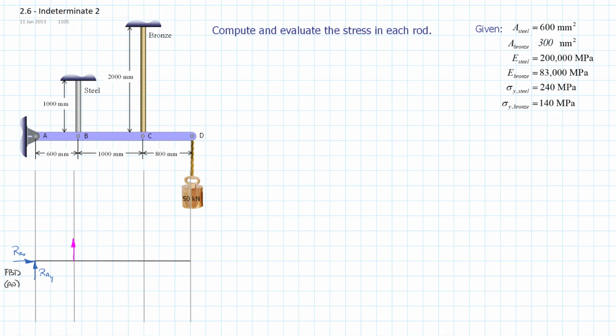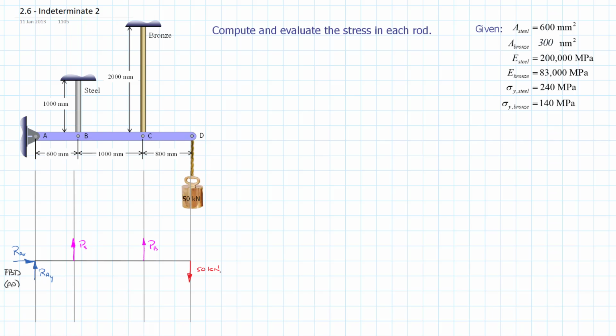We have the load in the steel and the load in the bronze at B and C respectively. And then we have our externally applied force at D, and we know that that's equal to 50 kilonewtons.